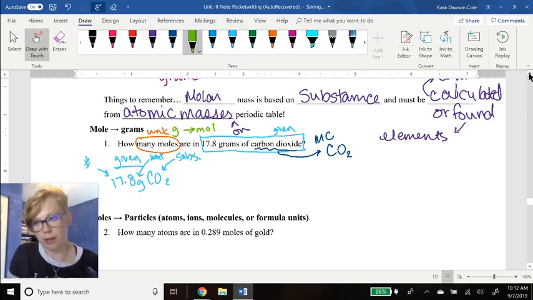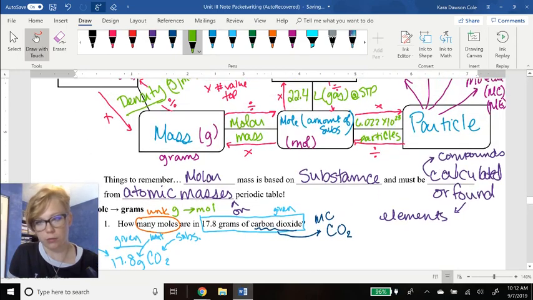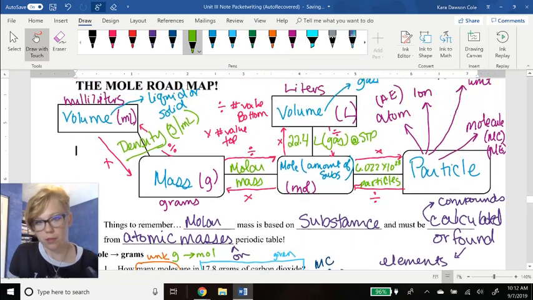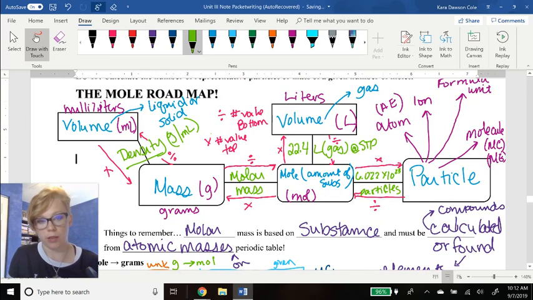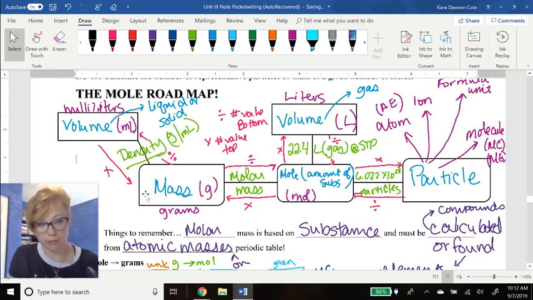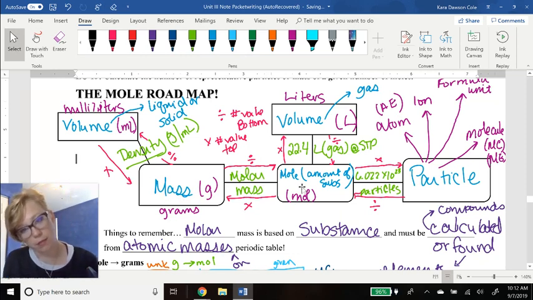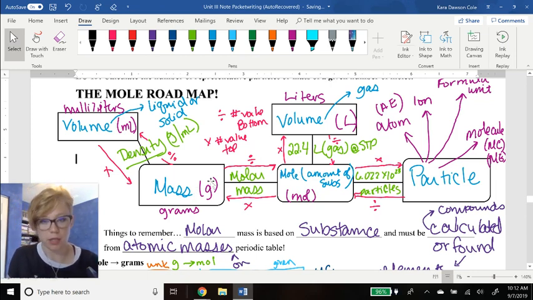So now I go back up to my handy dandy little mole roadmap, and I'm at my mass. And I need to get to my mole, which is over here. So now if I'm going this way, I'm dividing. That means my molar mass for my substance is going to be on the bottom because I'm dividing.